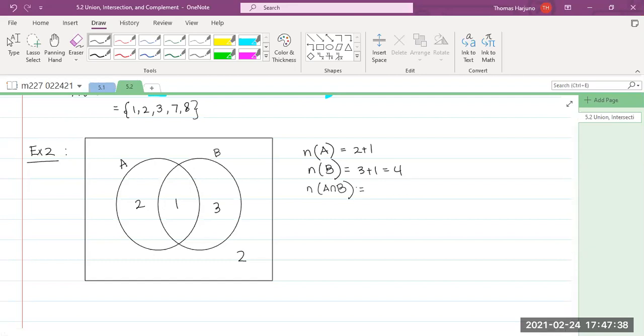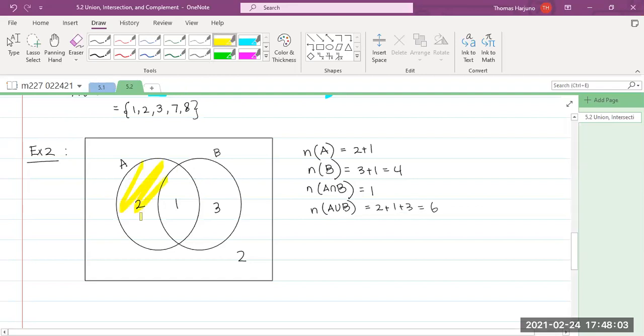Seven. No. Intersection. Oh, so it's 2 plus 1 plus 3, right? That's not intersection. Just 1. Oh, okay. The one you referred to earlier is the number of elements in the union. There are 2 plus 1 plus 3 elements in the union, a total of 6 in the union.